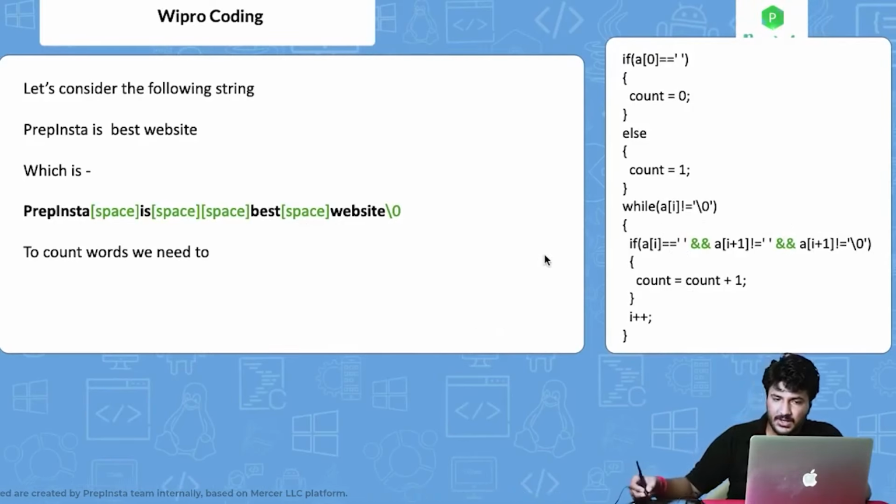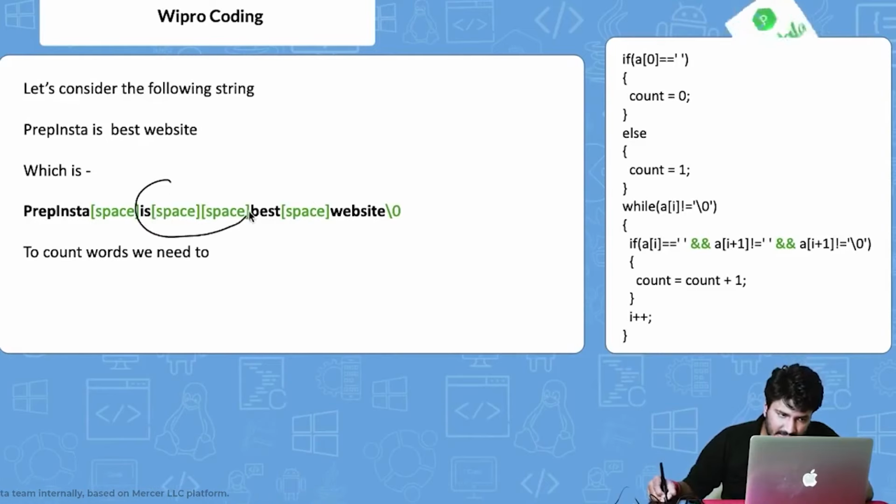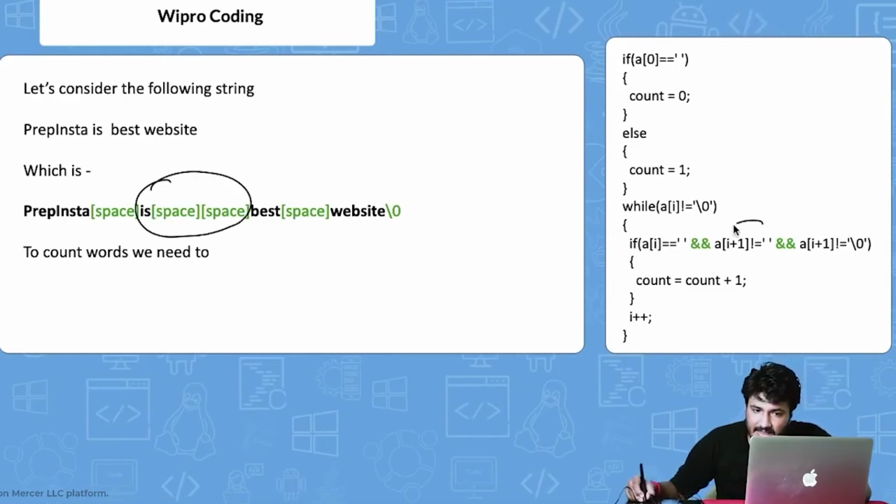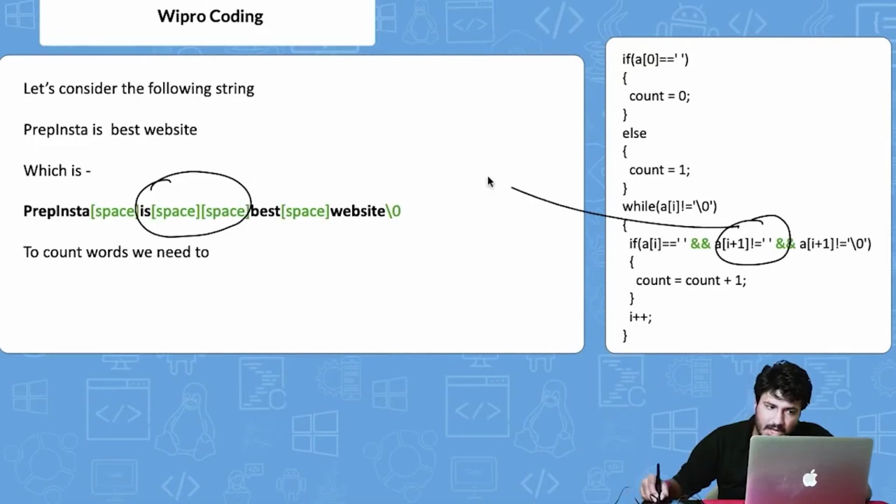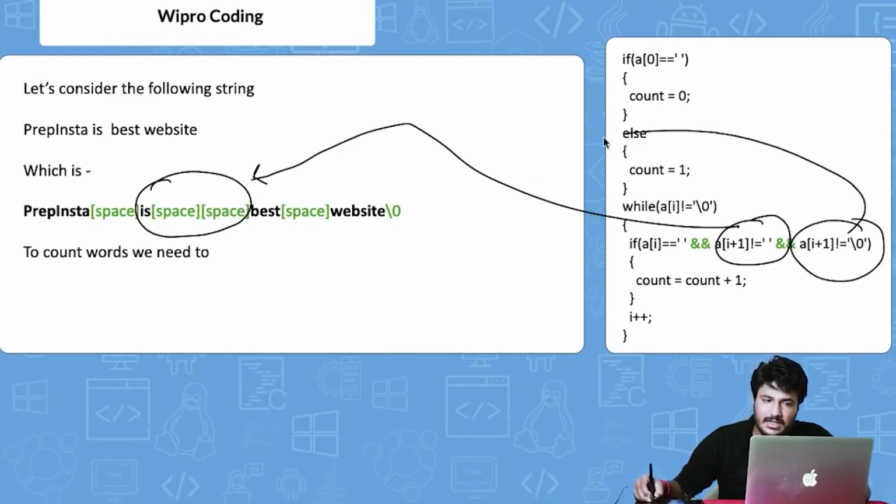So the most important part here was this particular thing, right? This particular code was able to handle a situation where there are multiple spaces. It would even handle if there are 3 spaces written. This particular condition is able to handle this particular area, right? Or in case somebody manually writes backslash 0 and puts it there, right?